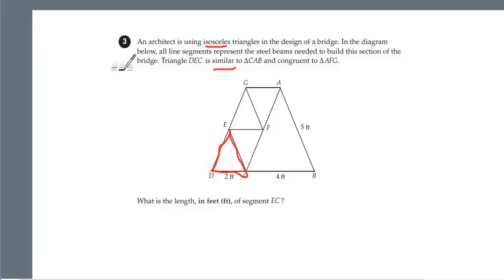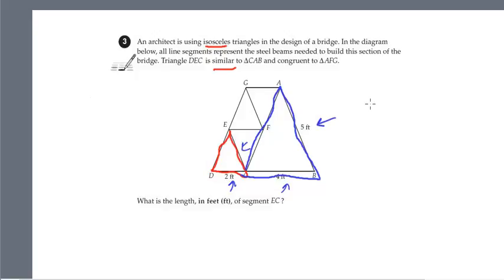So I'm going to put that in a different color. CAB, which tells us that this piece here is similar to this piece here. So this piece here is also similar to this piece here.